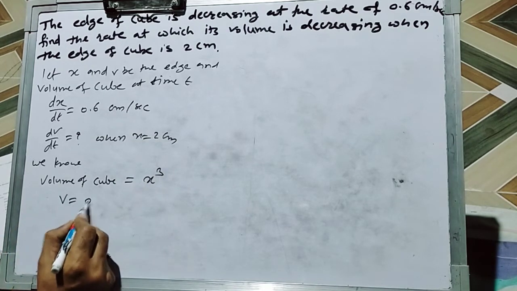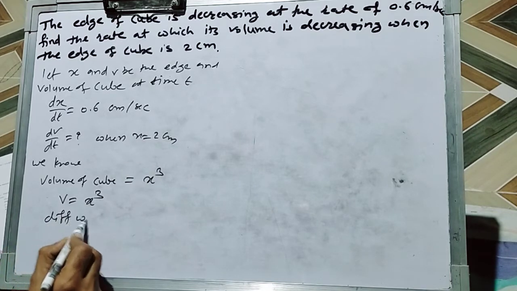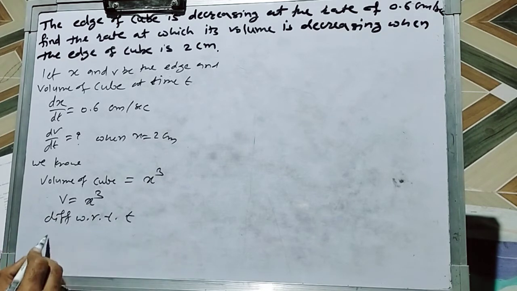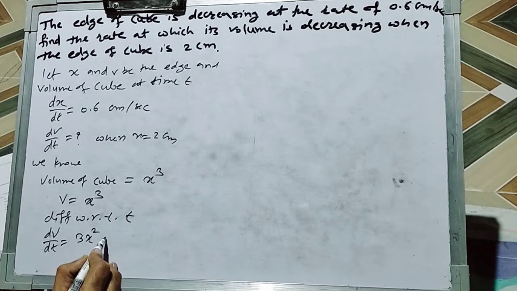It means v is equal to x cube. So differentiate with respect to t. It means dv by dt is equal to 3x square into the derivative of x with respect to t.